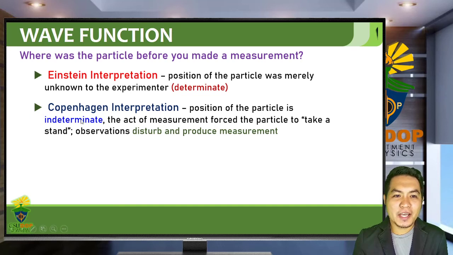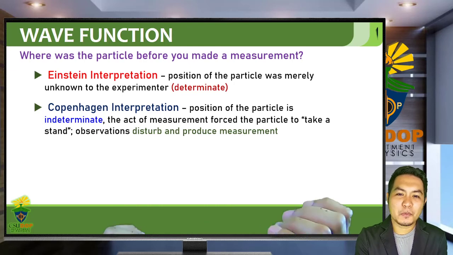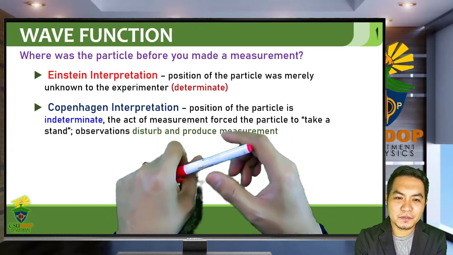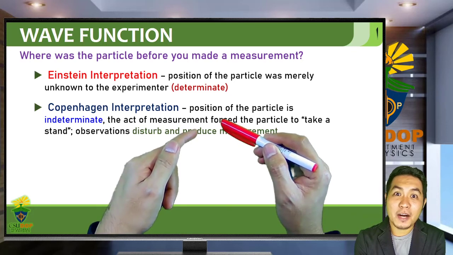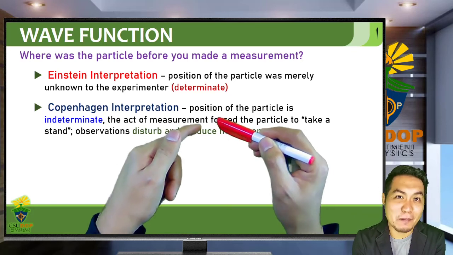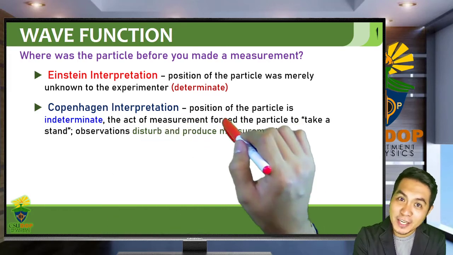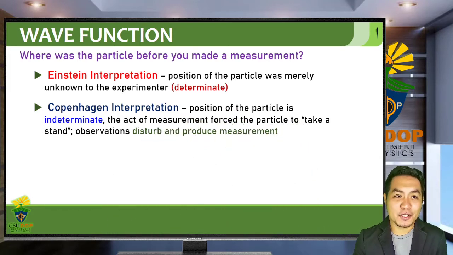In this interpretation, the act of measurement itself forces the particle to take a stand. Initially the particle is not anywhere, but when you measure the position of the particle, you're actually confining or trapping the particle, forcing it into one location.